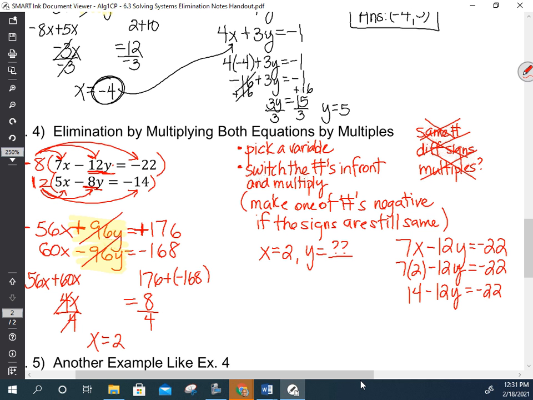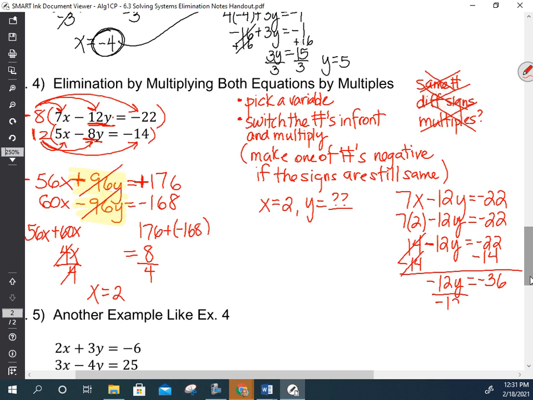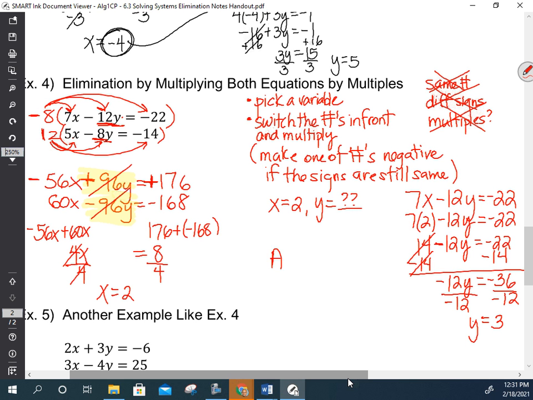To get rid of 14, you need to subtract 14. Remember, that minus sign belongs to the 12. And then divide by negative 12. So y equals 3. So your answer is (2, 3).